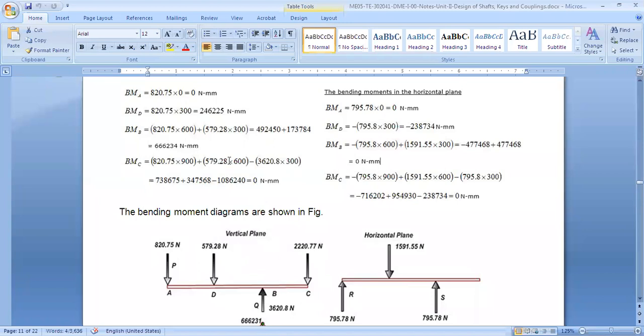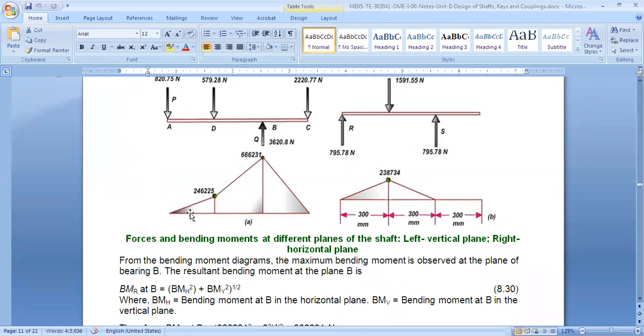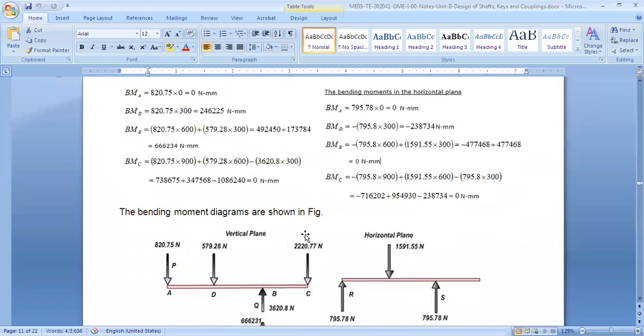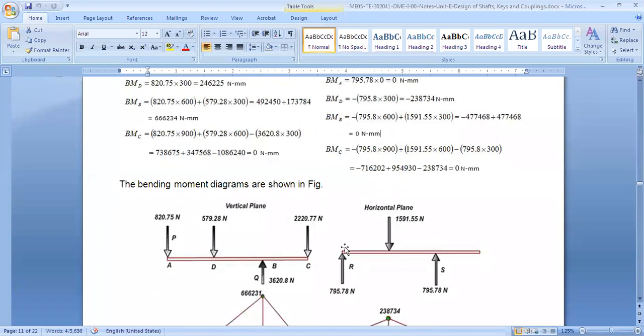So we got the bending moments in the vertical plane, and if we plot those, we get a diagram like this: 0, 246,225, 666,231 and 0. This is the bending moment diagram for the vertical plane. Similarly, in the horizontal plane, there are three forces, and we follow the same procedure. Bending moment at A is 0.